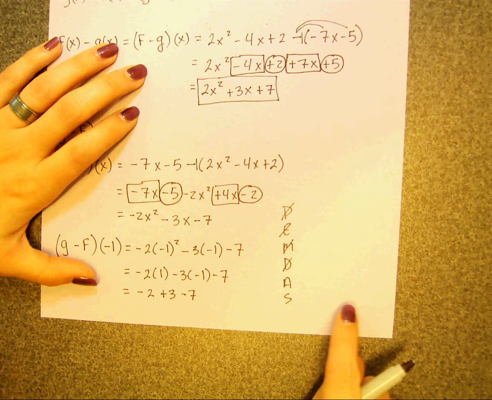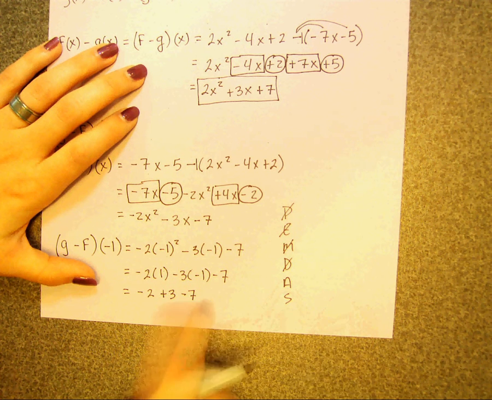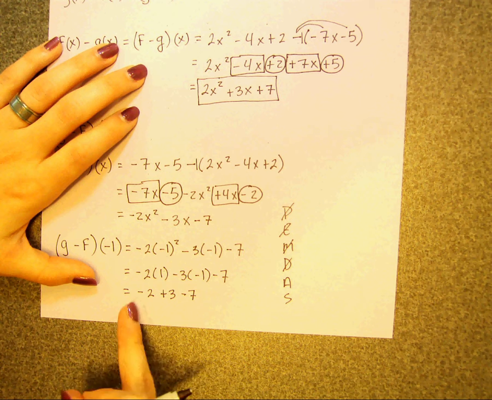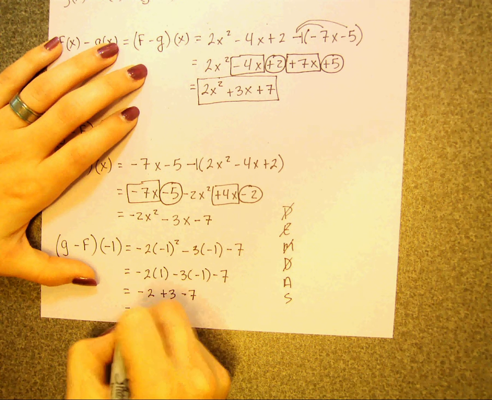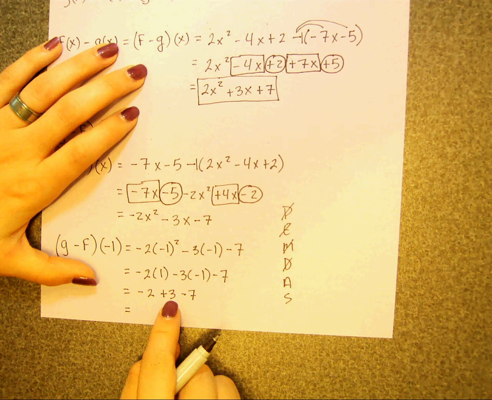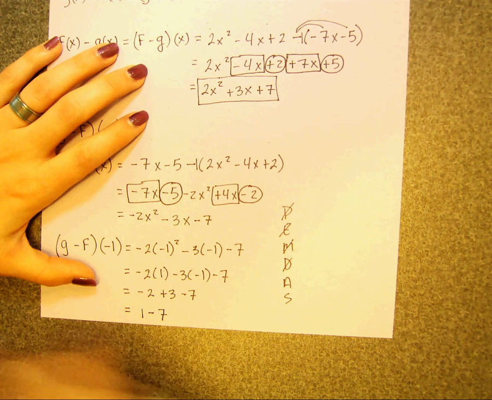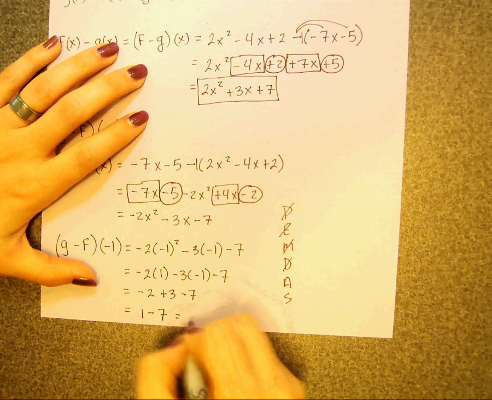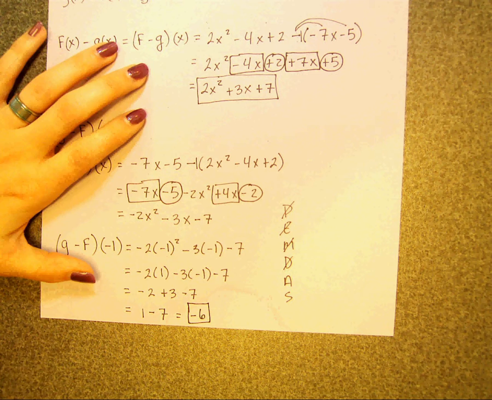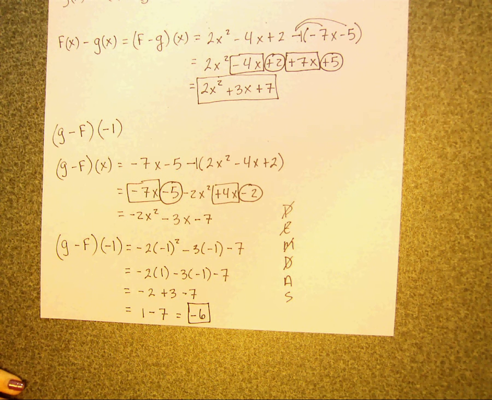So now I'm down to addition and subtraction. Again, I can do them at the same time as long as I go from left to right. So negative 2 plus 3 gives me positive 1, minus 7. 1 minus 7 gives me negative 6. There's my answer. Okay? Good?